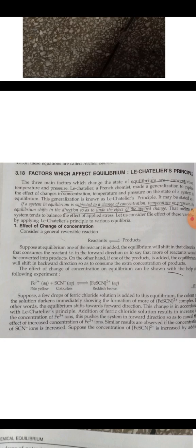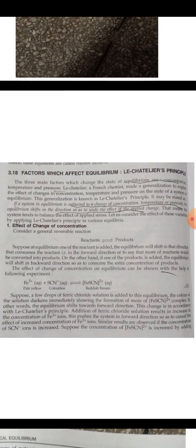Consider a general reversible reaction in which reactant reacts to give product and product reacts to give back the reactants. Suppose at equilibrium one of the reactants is added. The equilibrium will shift in the direction that consumes the reactant, that is in the forward direction, or to say that more of the reactant would be converted into product.